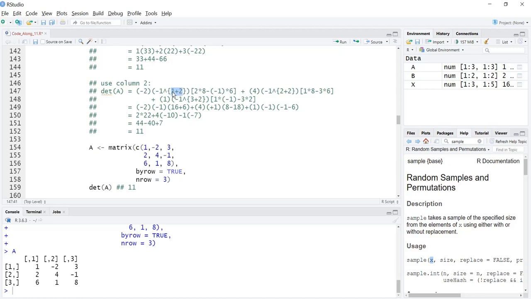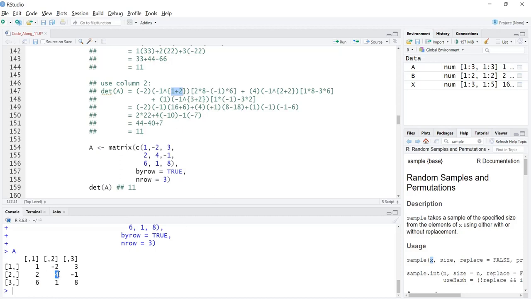And then what's left is the 2 and the negative 1 going across, and then the 6 and the 8. So I've got 2 times 8, minus negative 1 times 6.